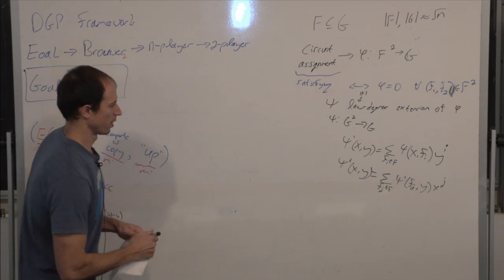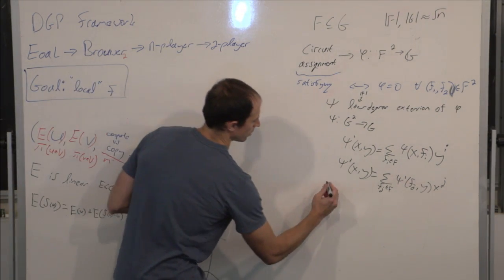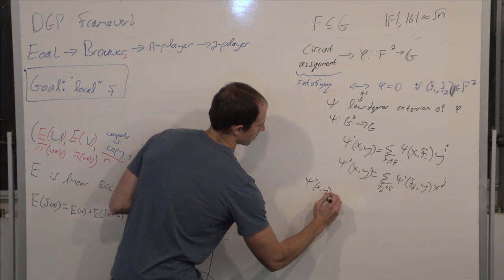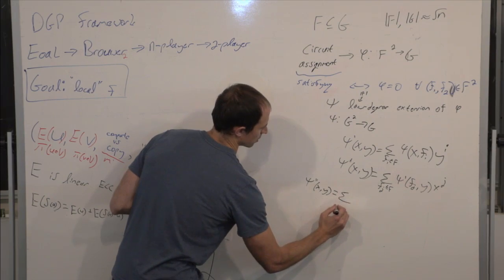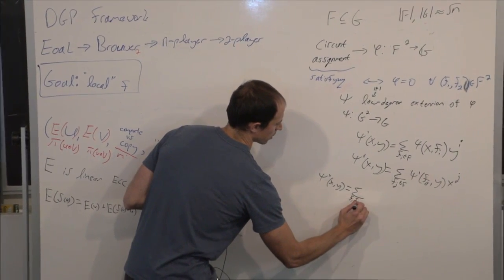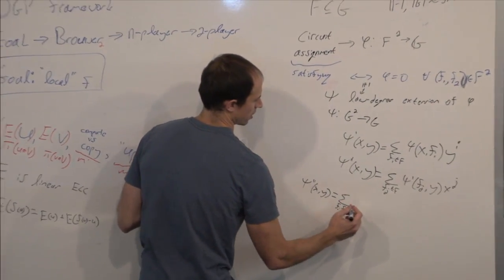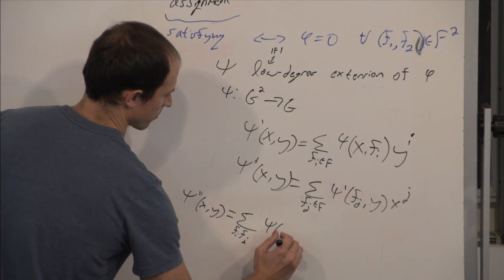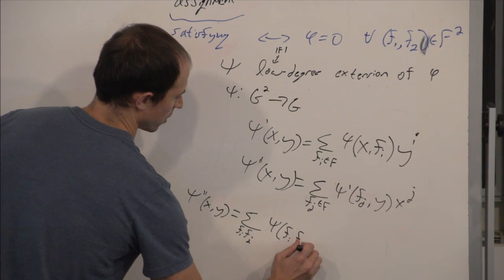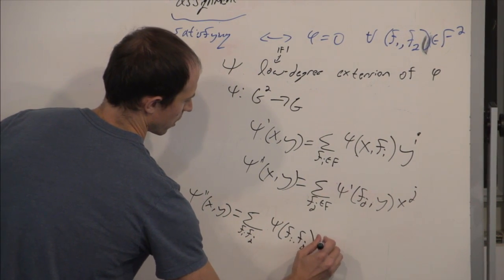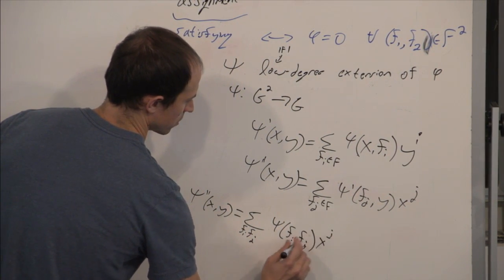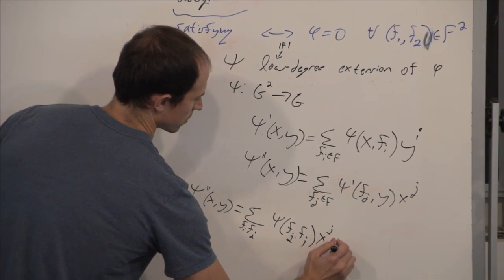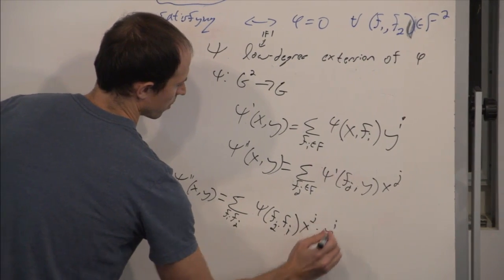So what you get here, you get the C double prime of x, y is the sum of C of fi, fj, x to the j times y to the ith power.